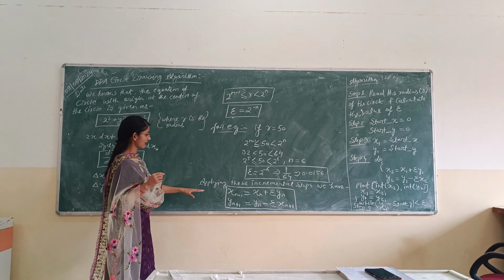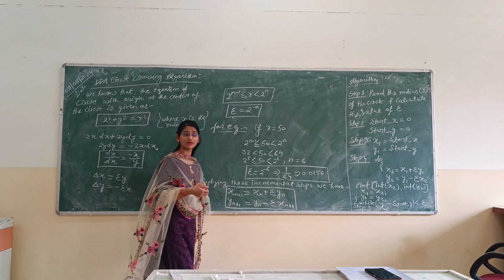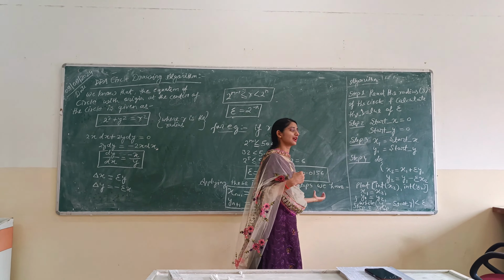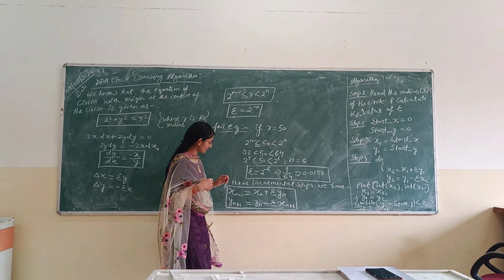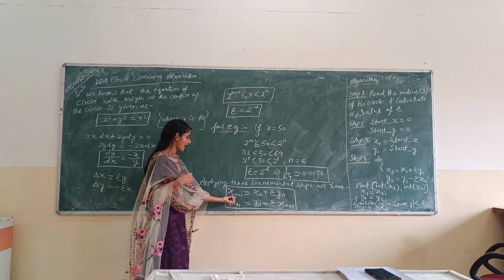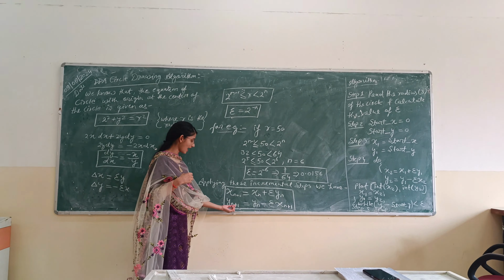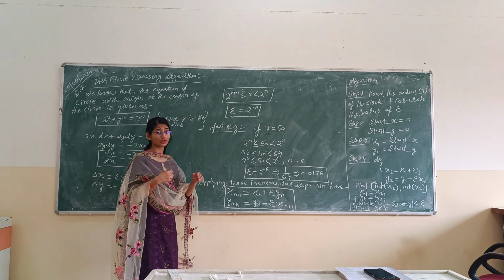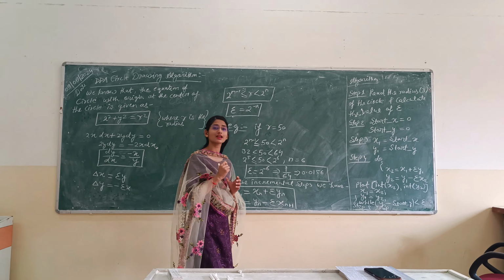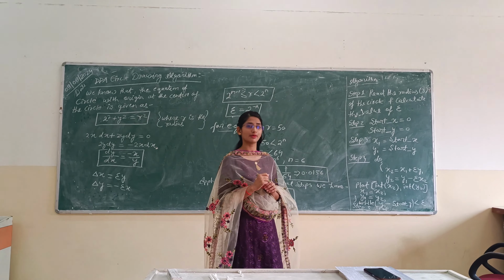Now we need to calculate the incremental step, means the incremental x and y coordinates. So I am going to the next step, x n plus 1 and y n plus 1. How to calculate the value of x n plus 1 and y n plus 1?